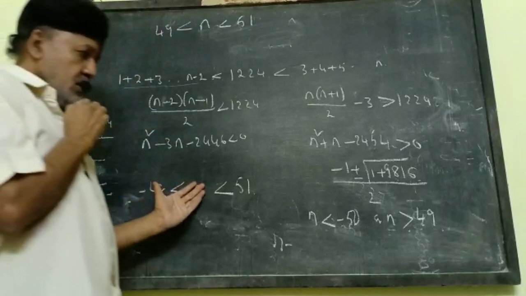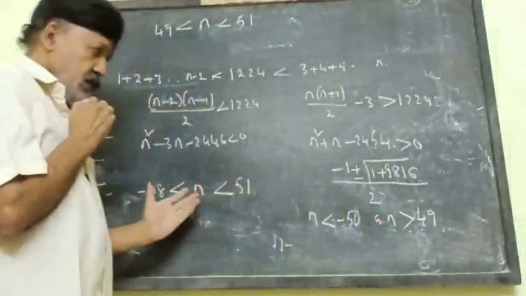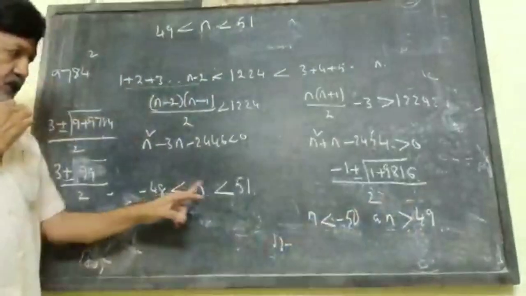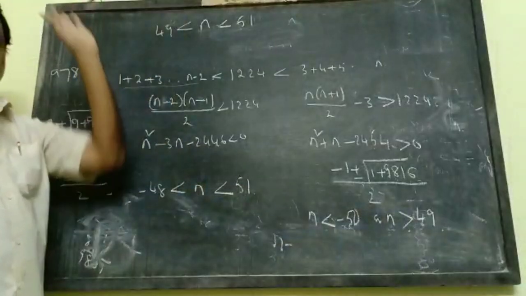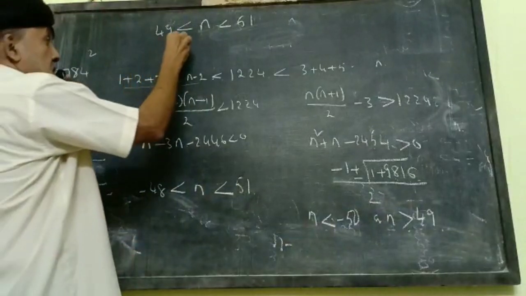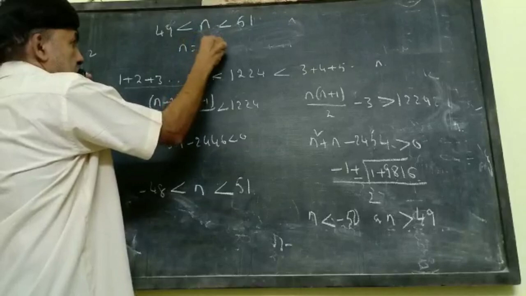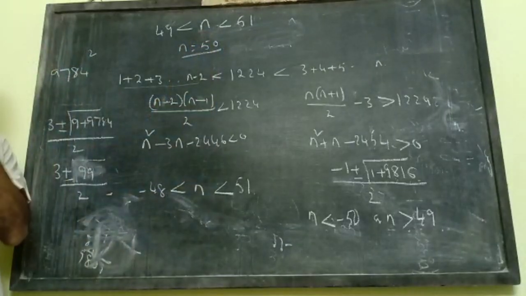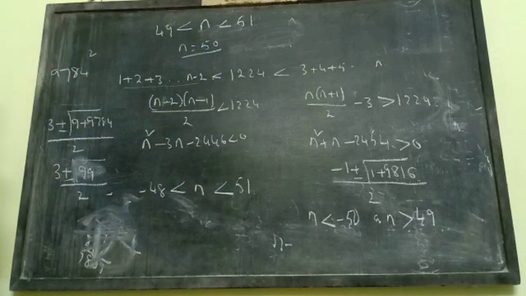So the intersection of these two, n greater than 49 and n less than 51. But n is an integer, so n must be 50. Yes, understood? So n is equal to 50, you got it.